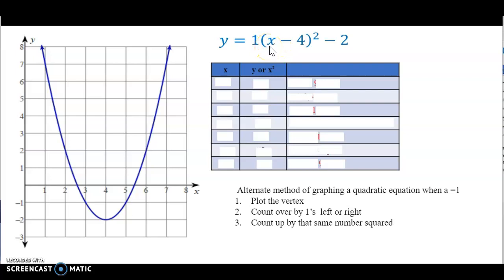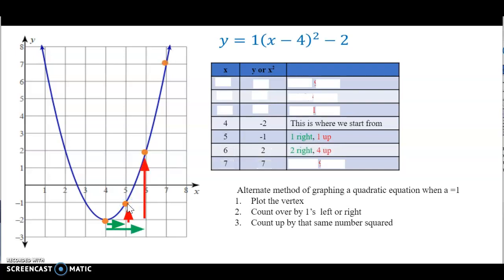With this vertex form, we can straight away find what the vertex is. The vertex is going to be 4, negative 2. So again, we're going to start with 4, negative 2. And it's the same pattern. When I moved 1 unit to the right, I went 1 up. 2 units to the right from the vertex, I went 4 up.